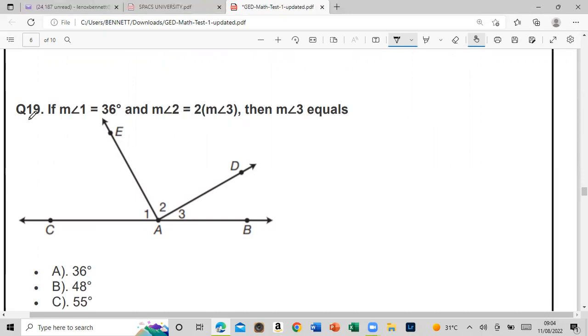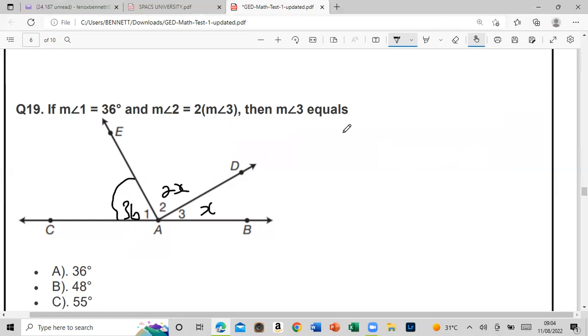And 19, if angle 1, why must they do this though? I don't know the name of the angle. So it's 36. Angle 2 is equal to 2 times angle 3. So I could call that one here x, and that one here 2 times x. So that's what they mean, right? So let us look.